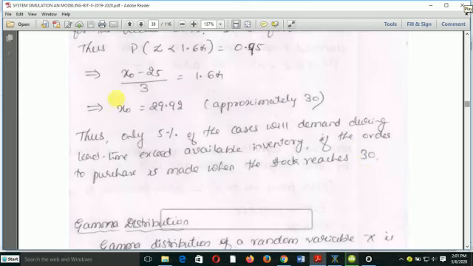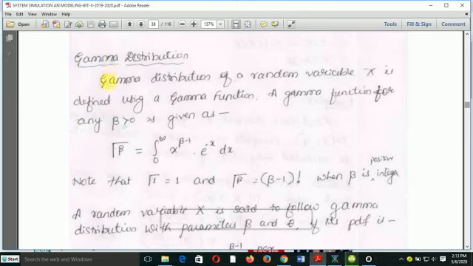So let's continue with gamma distribution. Gamma distribution of a random variable x is defined using a gamma function.